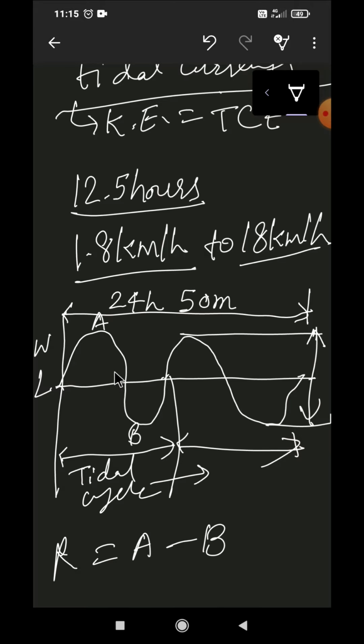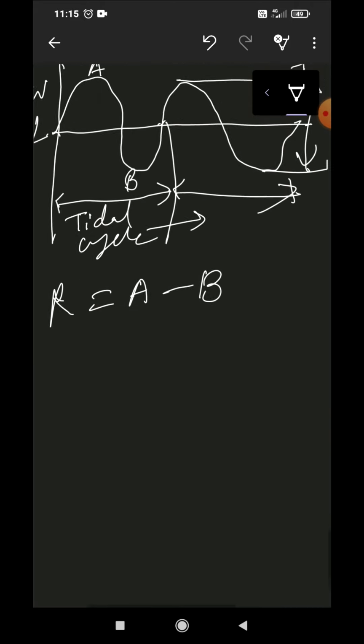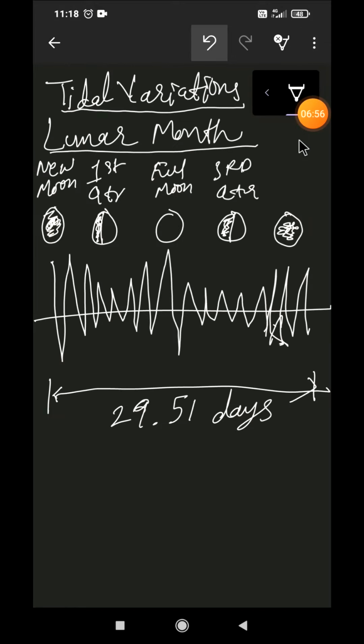Now, as we have plotted the graph of tidal level versus a whole lunar day, that is 24 hours and 50 minutes, we now plot a lunar month graph, that is for a whole 29.5 days, so 29 days and 12 hours around.